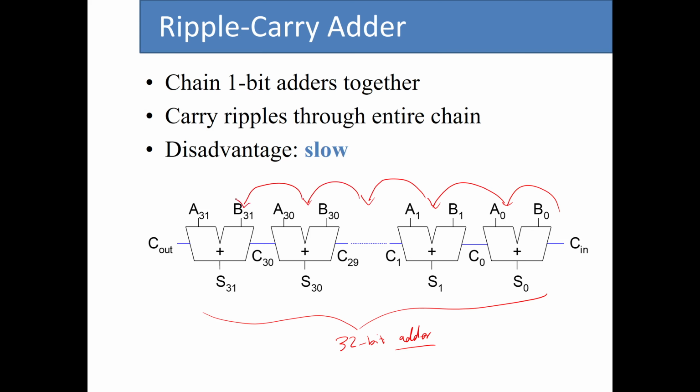So for the final result to be available, the carry signal has to go through all these stages, even though the individual bits are only going through one stage. Because of that, we have the disadvantage of being very slow in comparison to the other types of multi-bit adders that we can have.